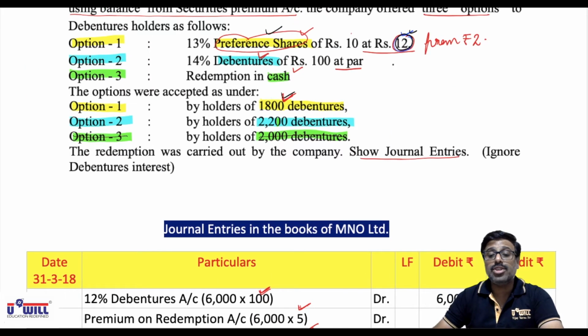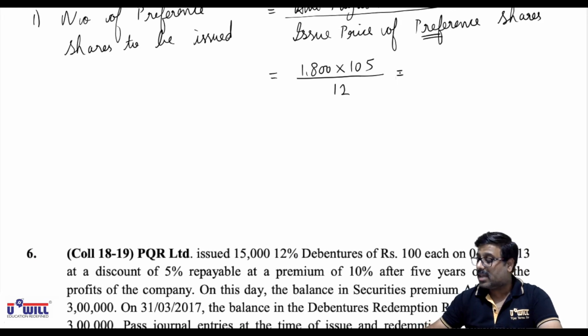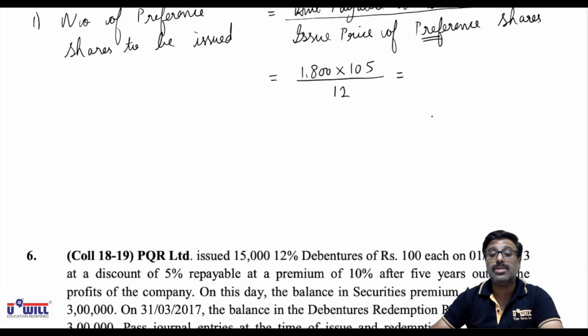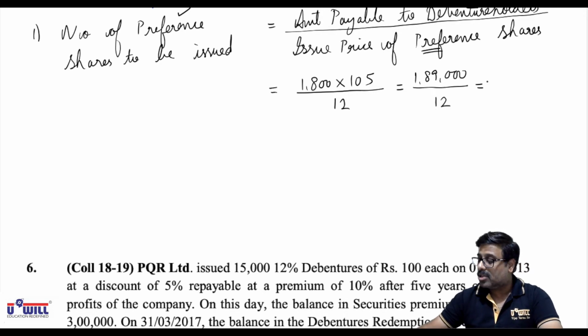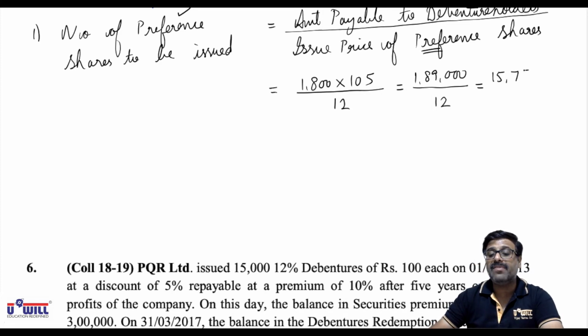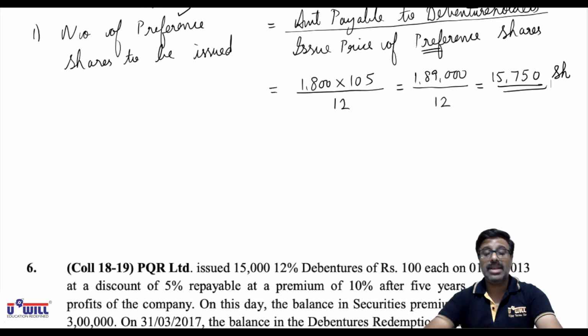So 1800 into 105, the amount payable is 1,89,000, and then divided by 12. So how many preference shares would be issued? 15,750 preference shares will be issued. So that's why we have to make this workings.